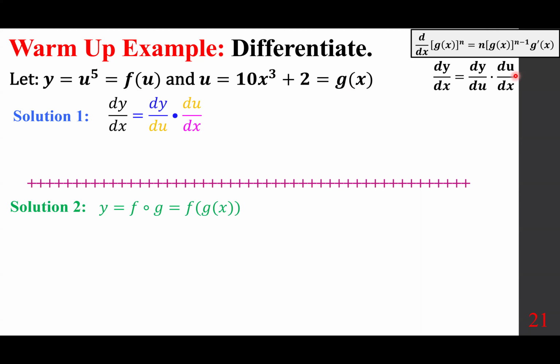So dy/du means take the derivative of y equals u to the power of 5 with respect to u, which is simply 5u to the power of 4. du/dx means take the derivative of u equals 10x cubed plus 2 with respect to x, which is 30x squared.